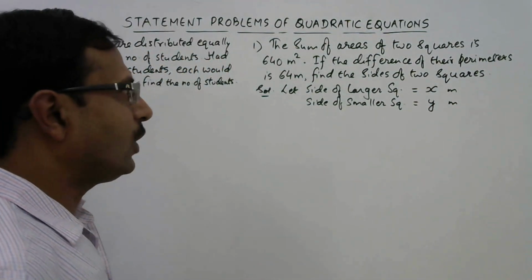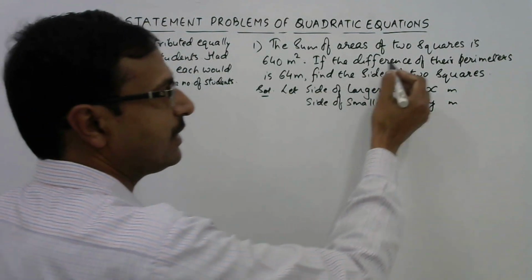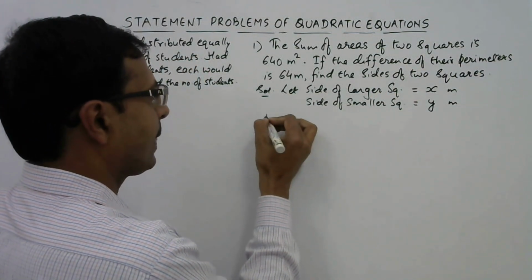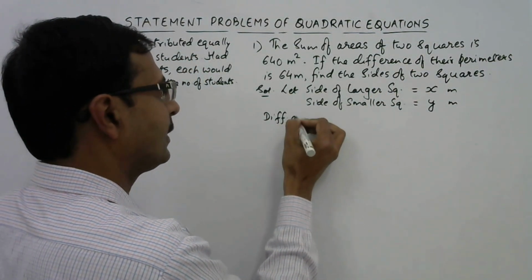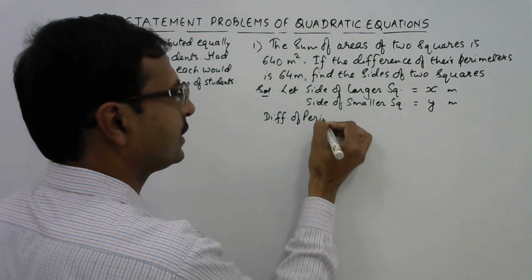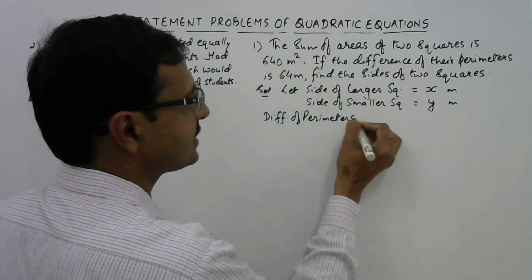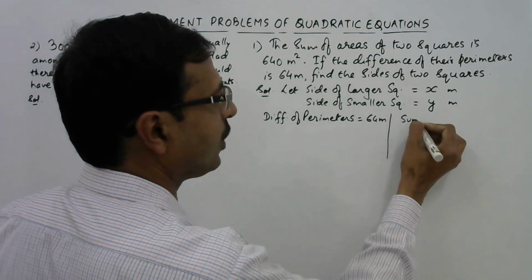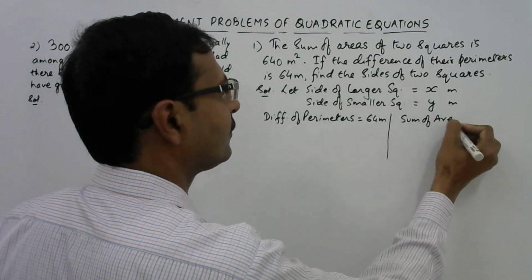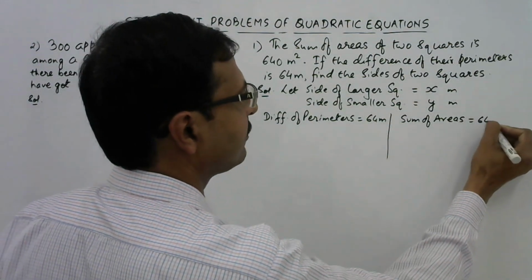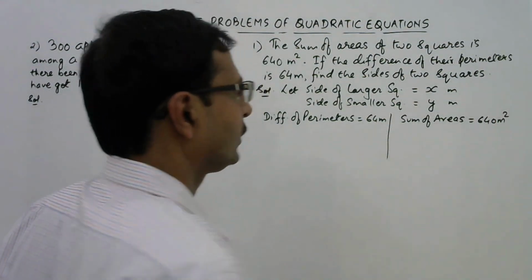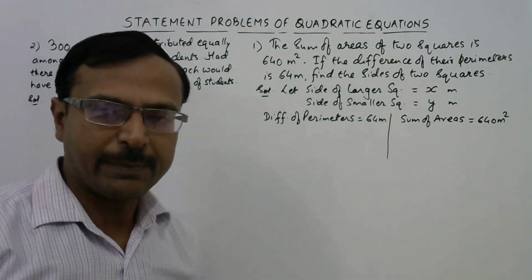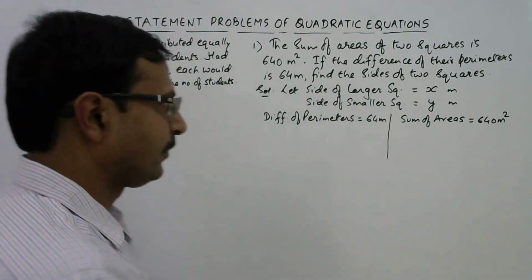Now first of all I'll consider the first equation as the difference of their perimeters. The difference of perimeters is given as 64 meters and the other one, the sum of areas, is 640 meters square. Now let us put the formulas for perimeters and areas.